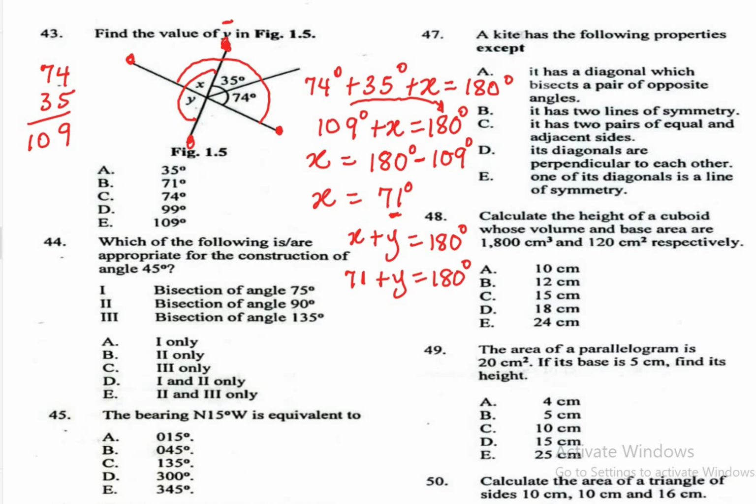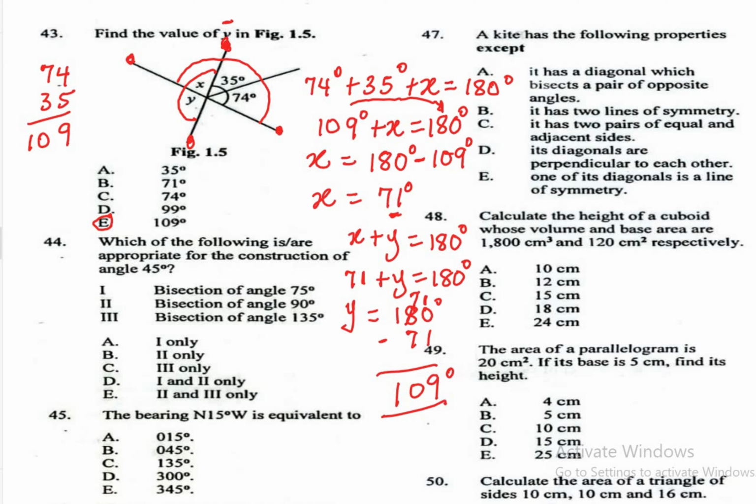Move 71 to the right hand side, y is equal to 180 degrees minus 71. Borrow 1 from 8, 8 reduces to 7. Put it here, 10 minus 1 is 9. 7 minus 7 is 0. Bring down 1. That's 109 degrees. The right answer is option E. I hope this is clear.